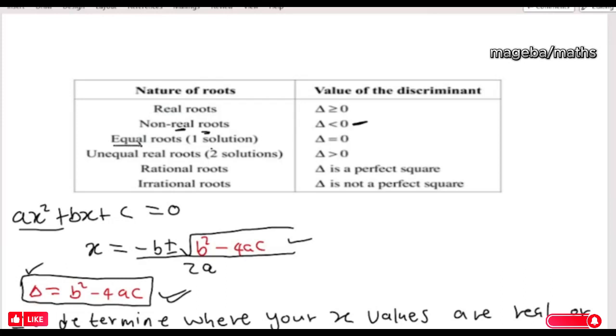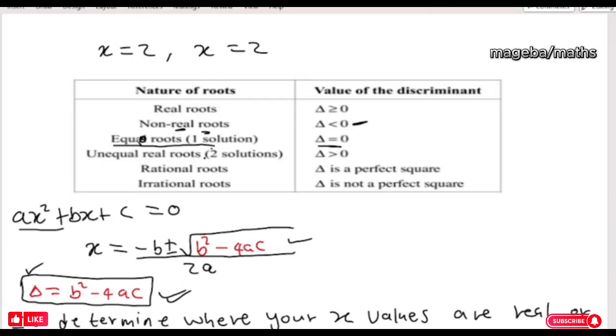Now if it's equal, meaning we have one solution, that's where we have two values of x that are the same. If you calculate the value of x, let's say x equals 2, and then you find another x equals 2, then we call the roots equal. So equal means your delta is equal to 0.